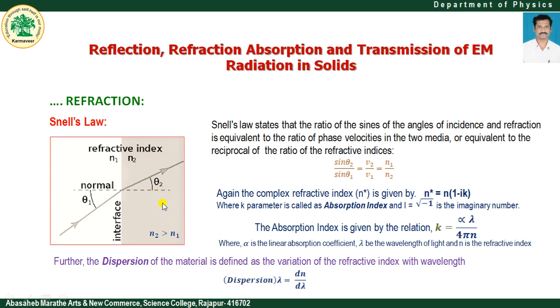The wavelength or the frequency of the photons affects the index of refraction. Again, the dispersion of a material can be defined as the variation of the refractive index with wavelength. That is, dispersion equals dn divided by d lambda.